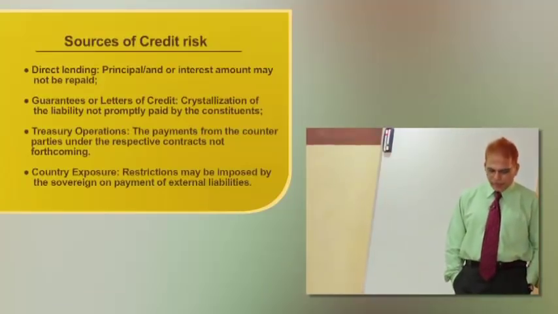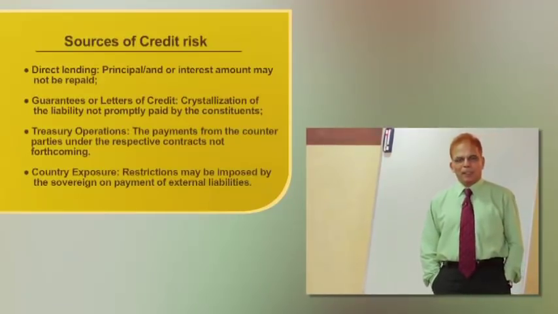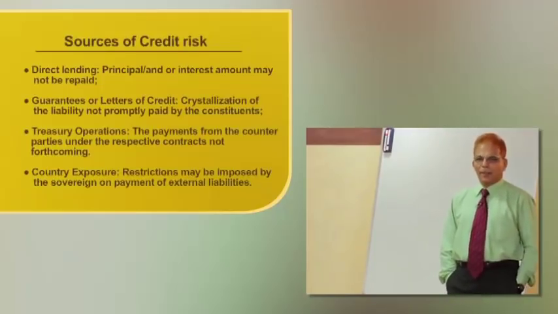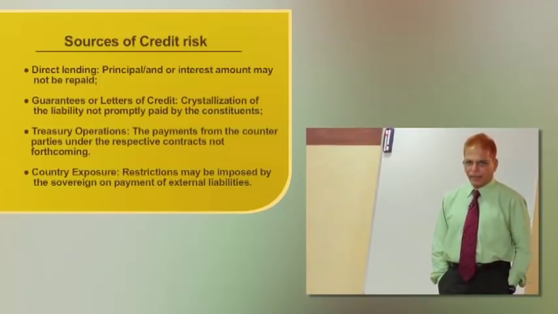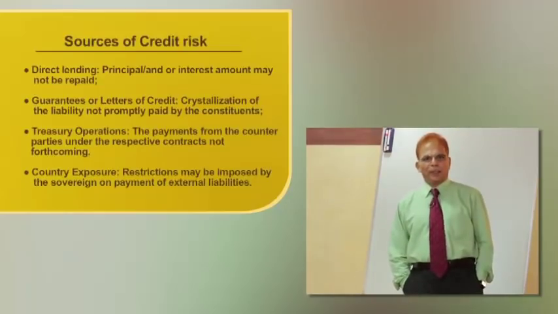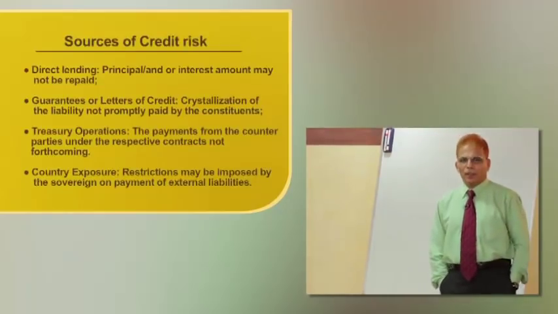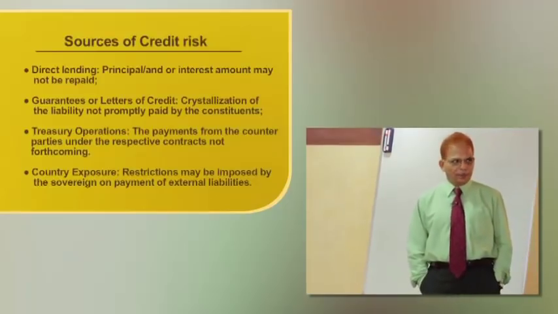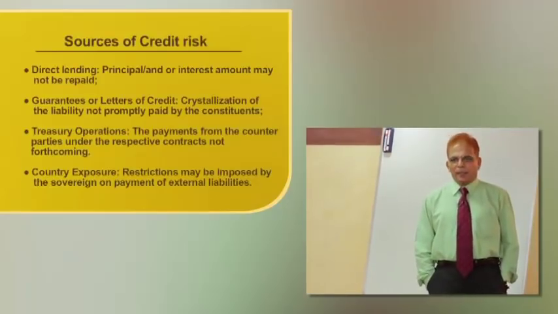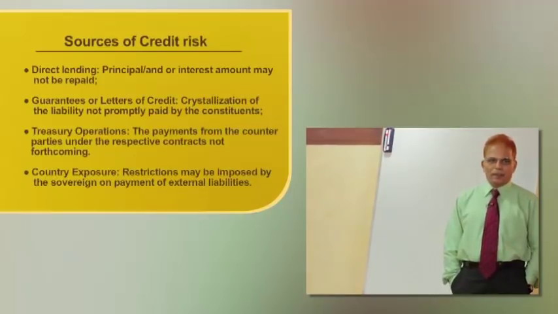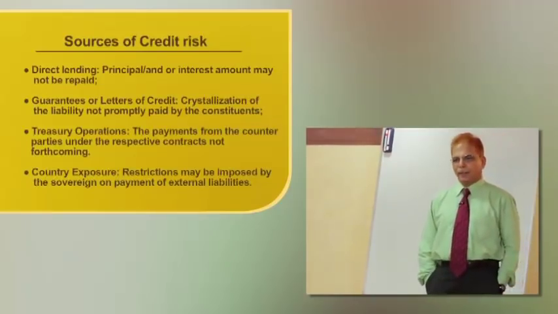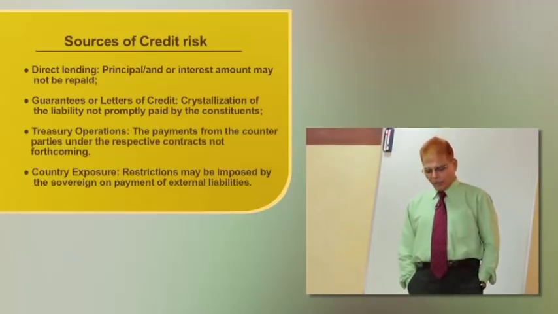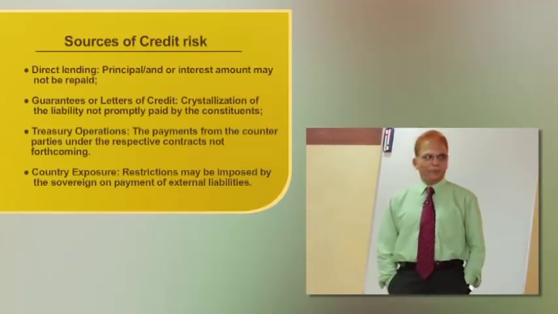Treasury operations: Treasury also deals with several counterparties, and we know that over-the-counter contracts, derivatives or any kind of transactions are exposed to credit risk, and if there is a default on the side of the counterparty, the bank is exposed to credit risk. In the case of exchange-traded contracts, there is not much credit risk, because the risk is on the central counterparty.